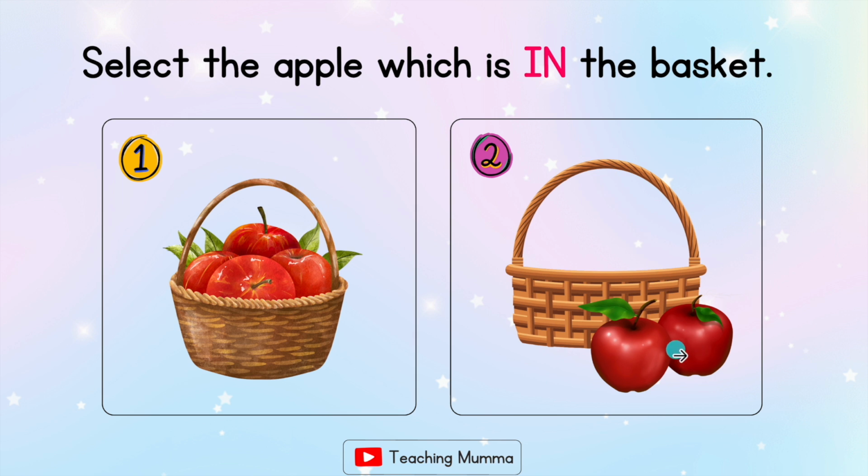They are kept out. Correct. So, what will be the answer for the question? Select the apple which is in the basket. Which is the right answer? Option 1 or option 2? Where the apples are inside? You're right. Option 1 is the right answer because here the apples are in the basket. Correct.